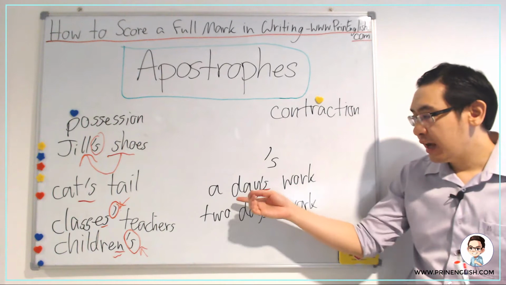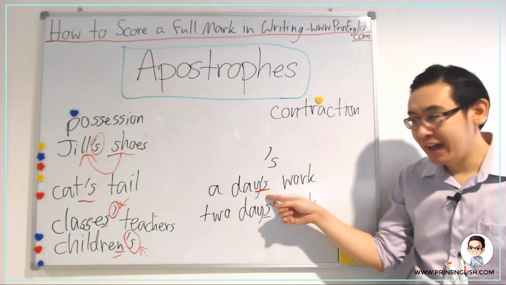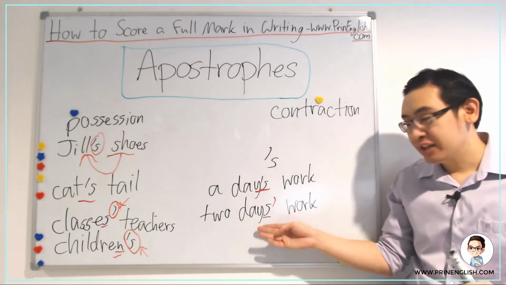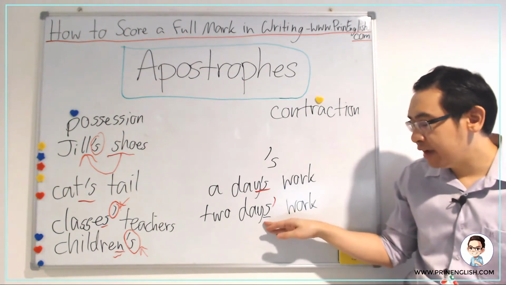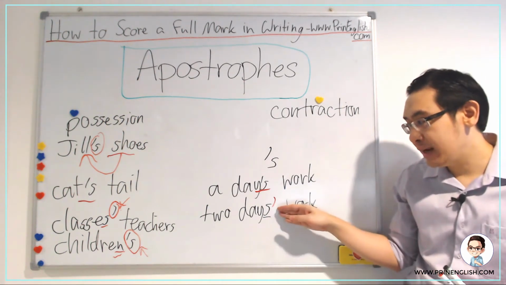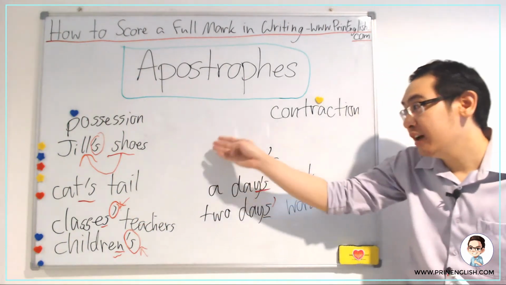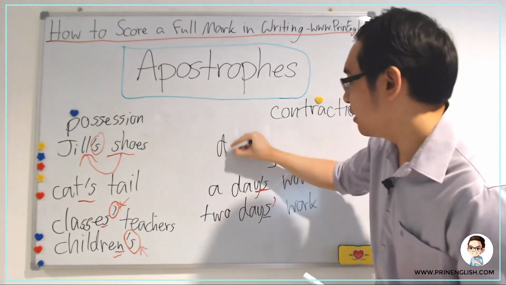If it's a singular unit of time, it's apostrophe s, just like in possession. If it's 2 days, if it's a plural, we have to look if it ends with an s, we only need an apostrophe, not an s, just like in the case of classes, so these two are related. So that's the third use, we use it to talk about duration.